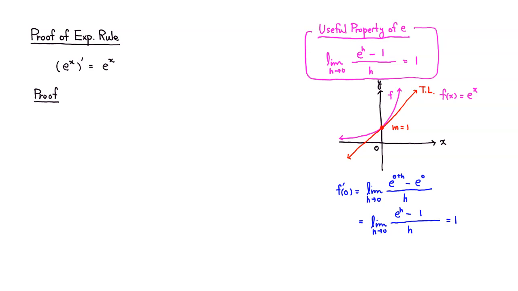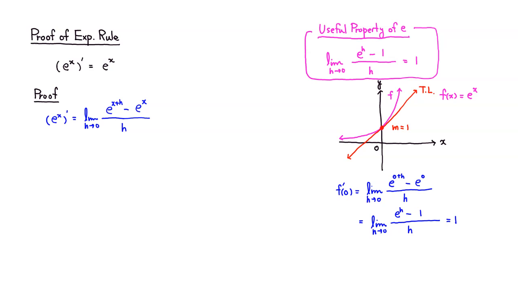We're talking about derivatives, so let's try to find a derivative: e to the x prime. I'm going to use the limit definition as h approaches 0. So you have e to the x plus h minus the original function e to the x, all over h.